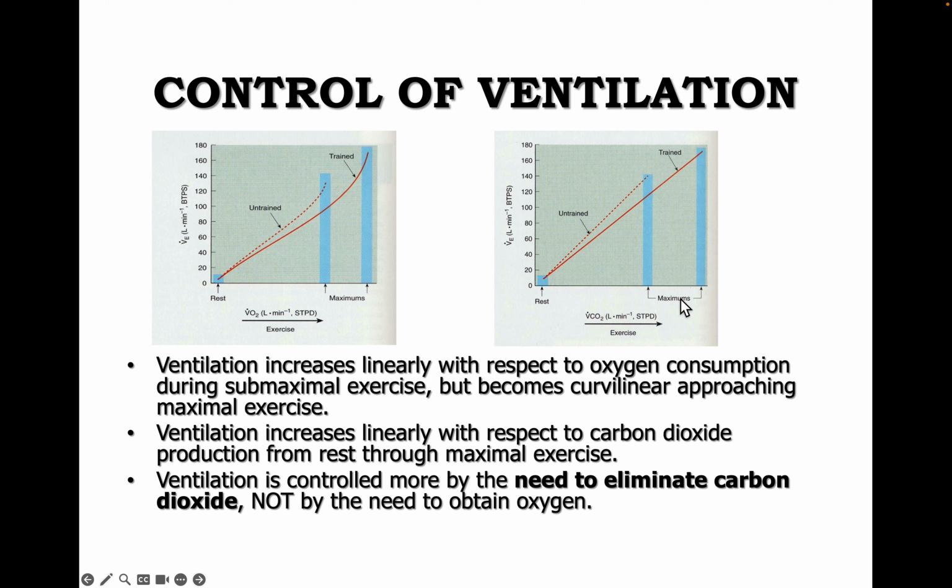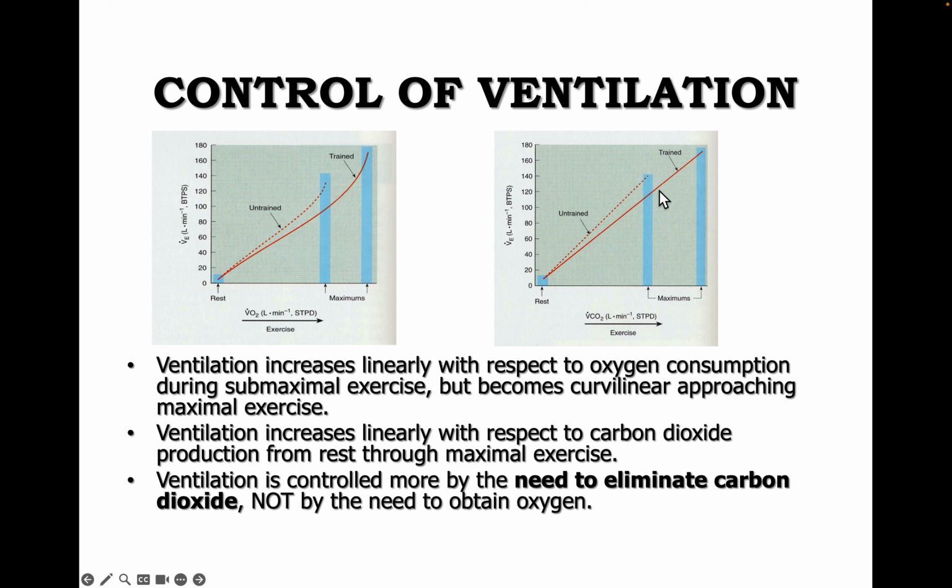Looking at the right side here, similar things are seen with carbon dioxide. At slower speeds, we'll notice that the aerobically trained runner produces less carbon dioxide, so they don't need to breathe in and out as quickly as that untrained runner.